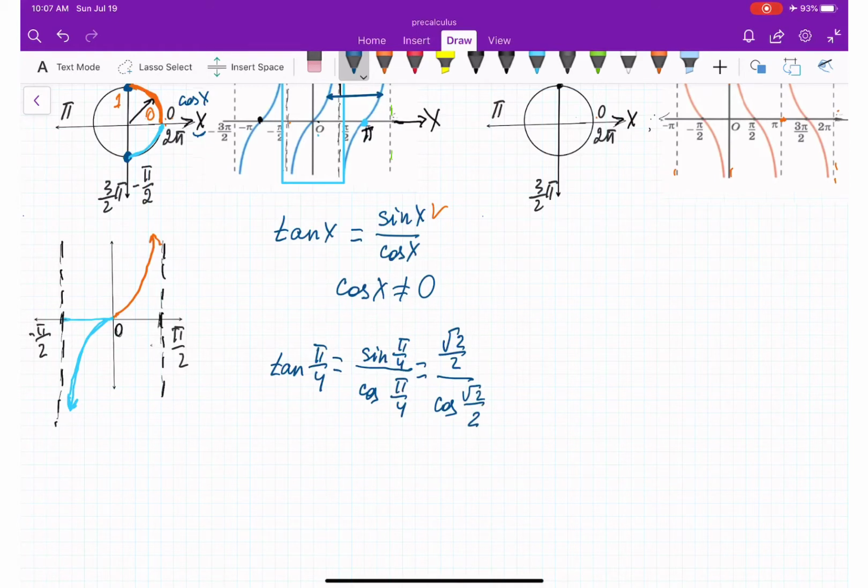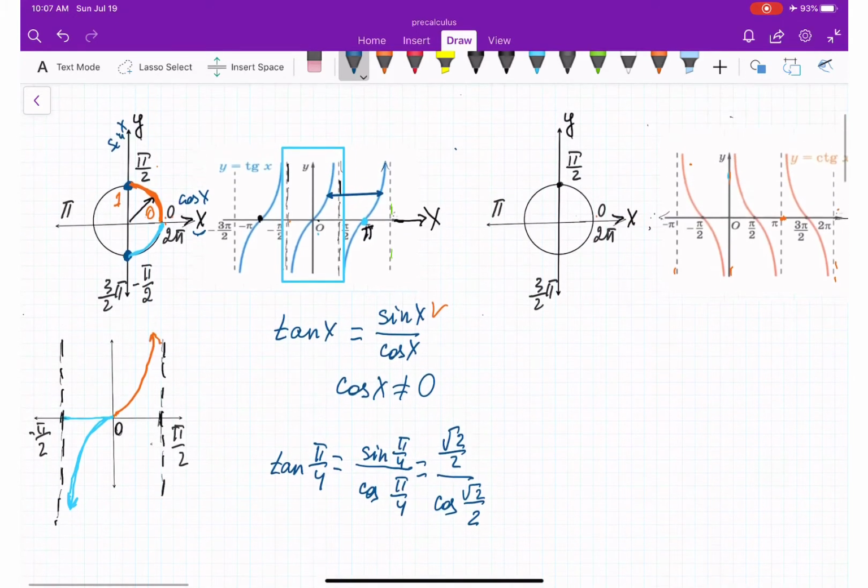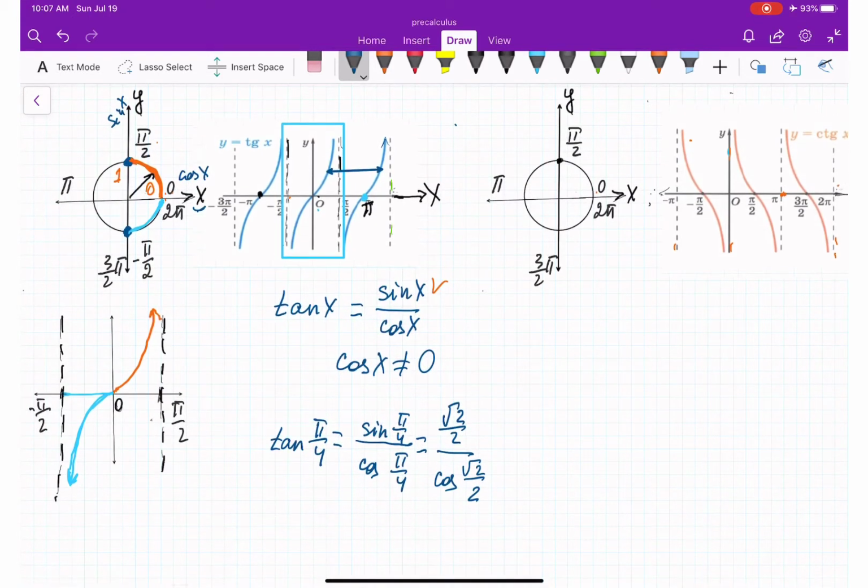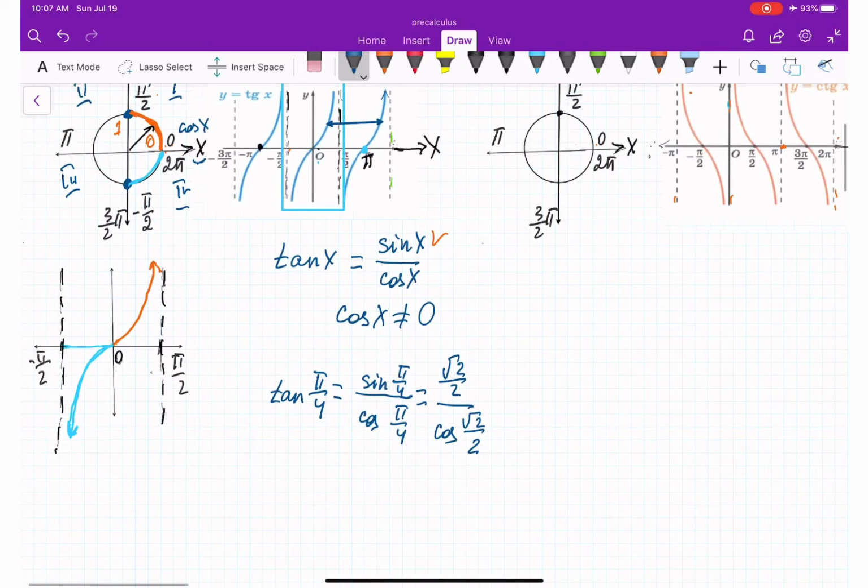So we are dealing with tangent in the first quadrant. Let me write down first quadrant, second quadrant, third quadrant, and fourth quadrant. So in the first quadrant, x is positive, y is positive. Therefore, cosine is positive, sine is positive, and we are getting 1.